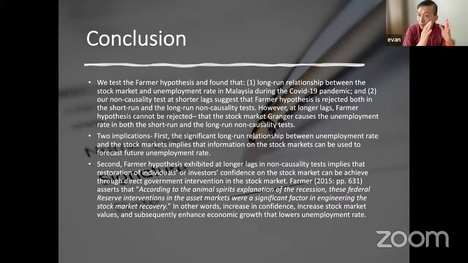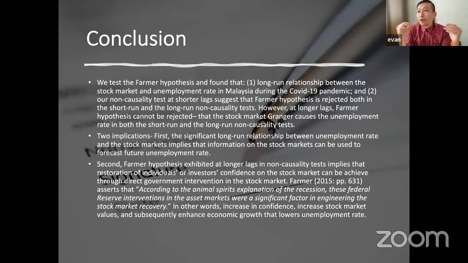But with the proper intervention, certainly, as all the governments in the world are doing when the COVID pandemic hit, not just Malaysia, Indonesia too, and the rest of the world, governments put up stimulus packages around the world.